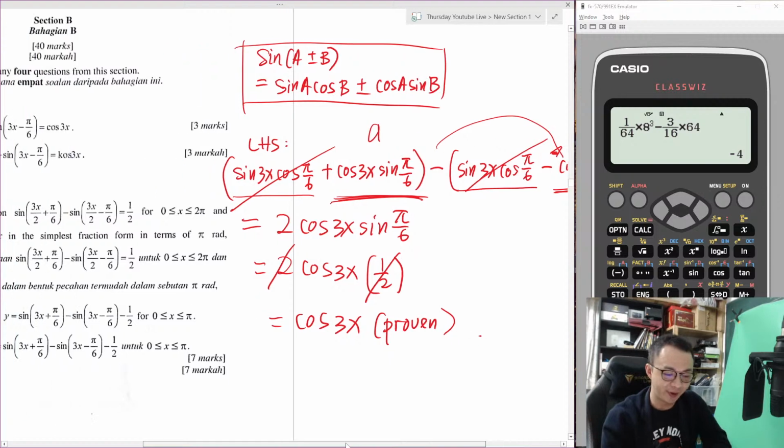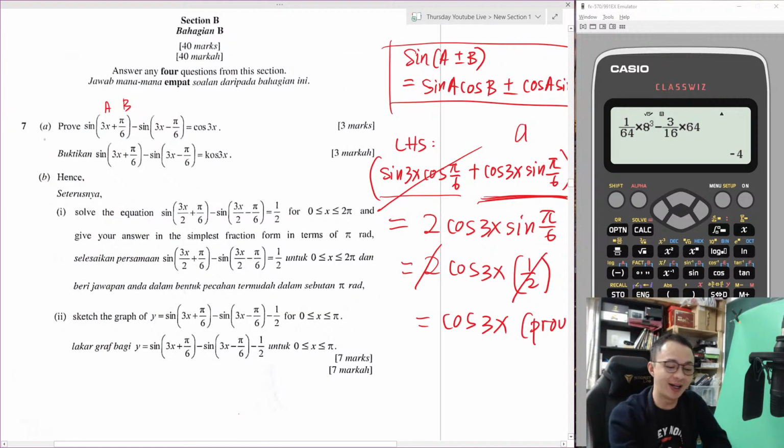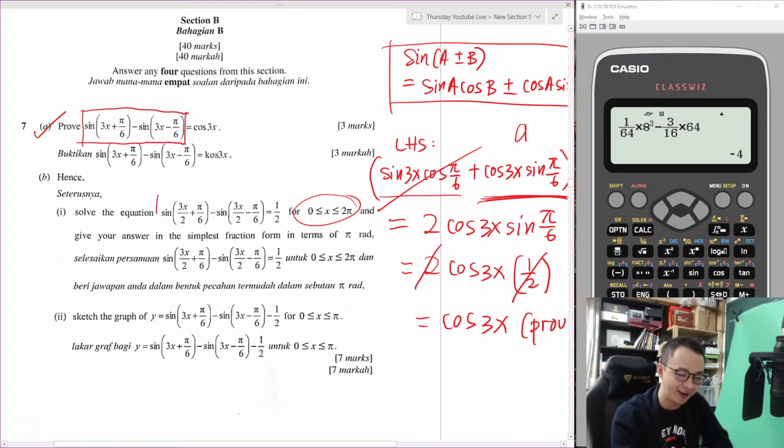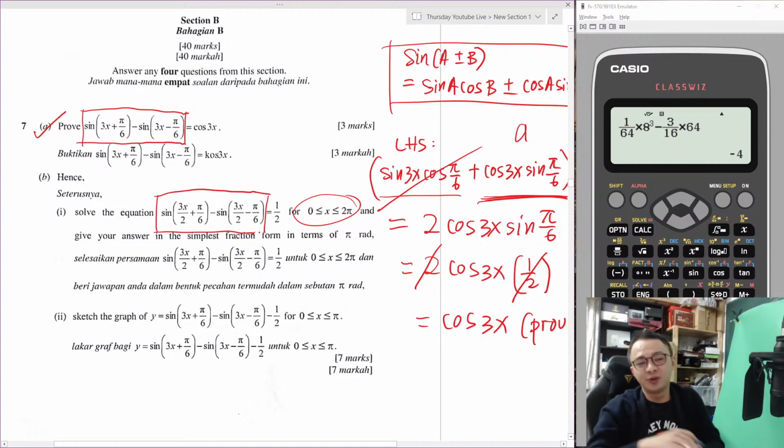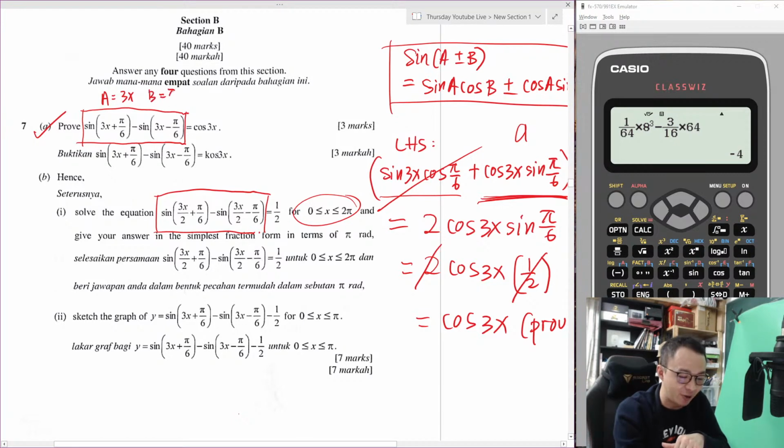Alright, not too bad. You just expand the formula carefully. Okay, hence they ask us to solve this equation from 0 to 2 pi. Okay, if you see carefully, this part of the equation and this part of the equation, do you spot any difference here? You realize just now my a is 3x and my b is pi over 6.